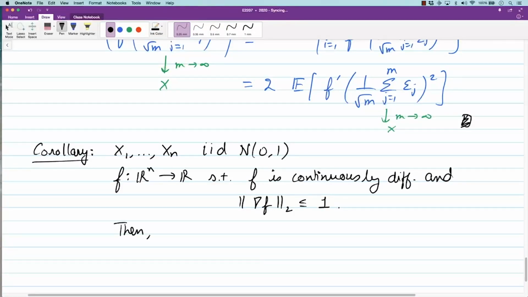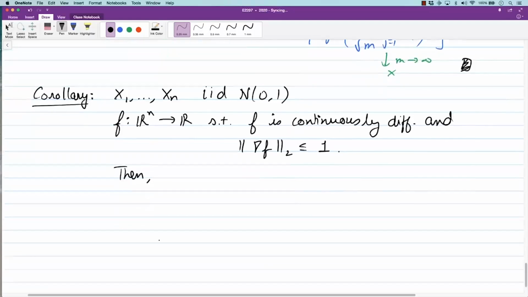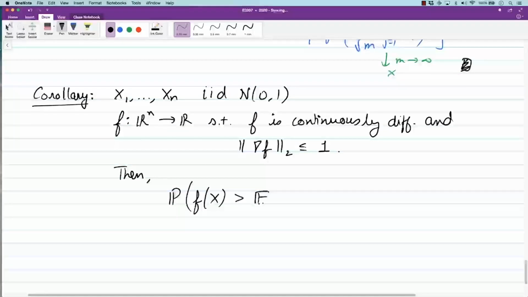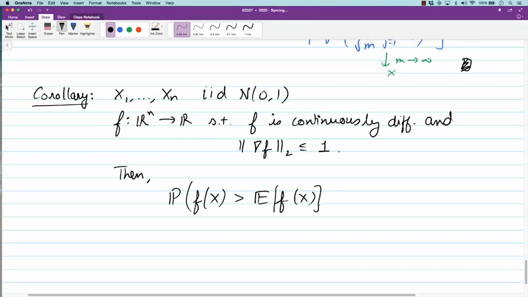Then we can prove a concentration bound for it. Then the probability that f(X) is greater than the expected value of f(X) plus t is less than or equal to e to the power minus t square.